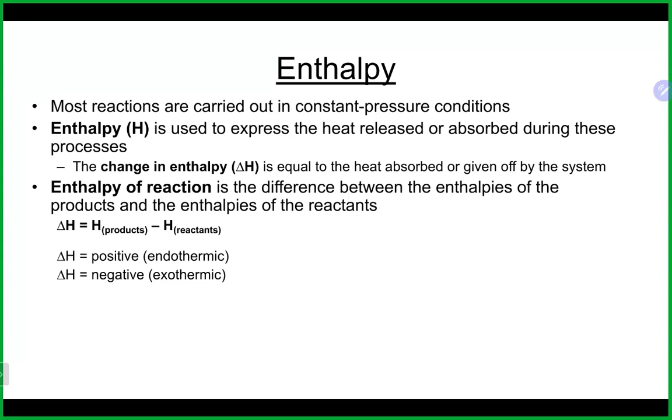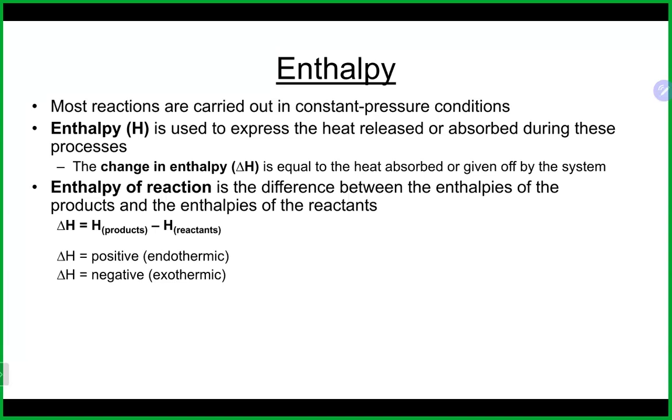The delta H, which is the change in enthalpy, is the value that we look at. We take our products minus our reactants, which is essentially our final state minus our initial state. If that calculation ends up a positive number, then we know it's endothermic, and a negative number, we know that it is exothermic.